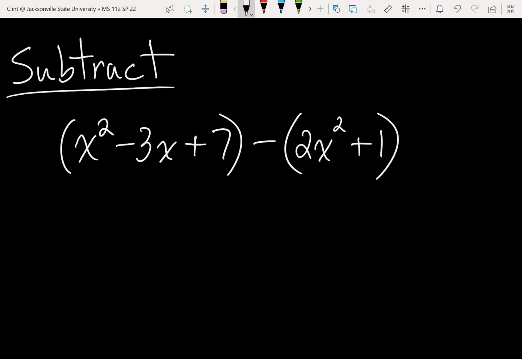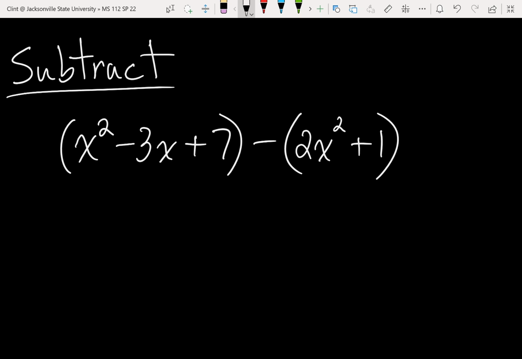Minus 3x plus 7 minus 2x squared plus 1. We're really still just after combining like terms here. There's only one other thing that we have to be a little careful about.